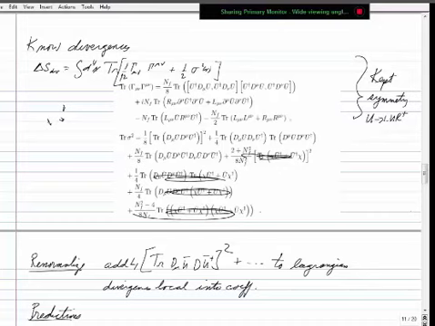Okay. So if you think about what we were doing before, or imagine that we were doing this, all these diagrams here are now all done.